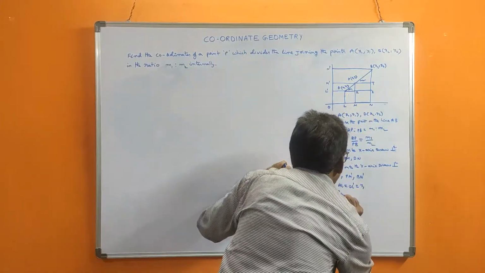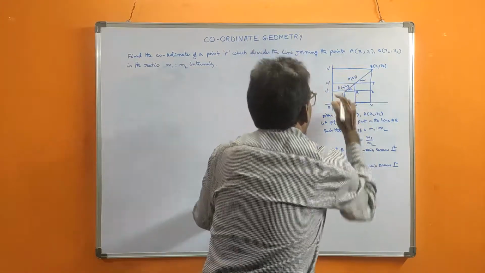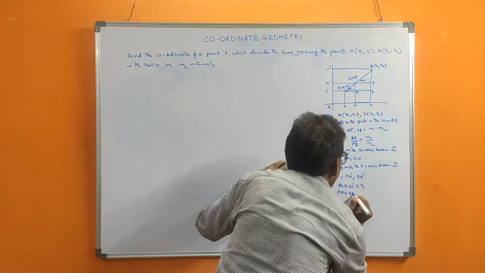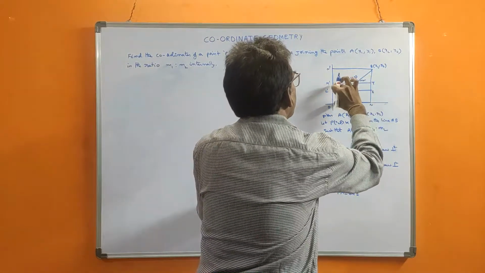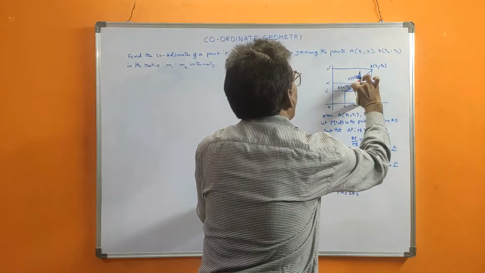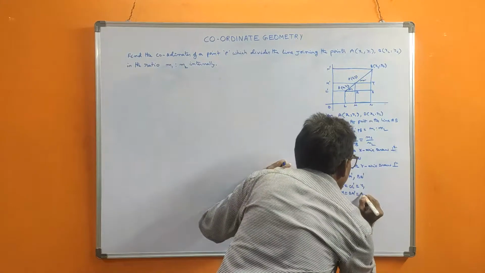Like that, first we write verticals. PM is nothing but OM dash. This OM dash is the y distance of point P, that is y.